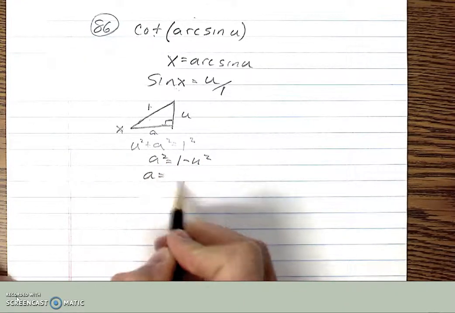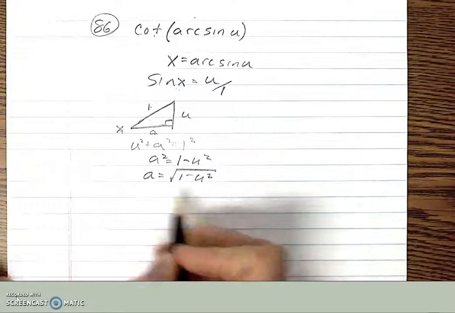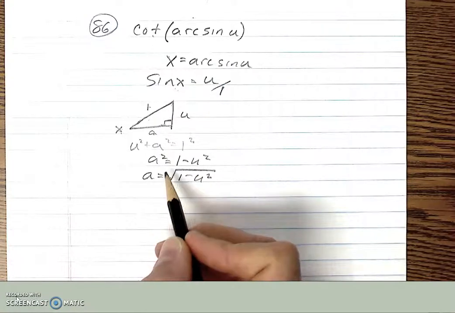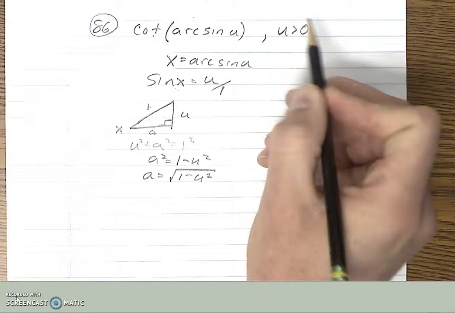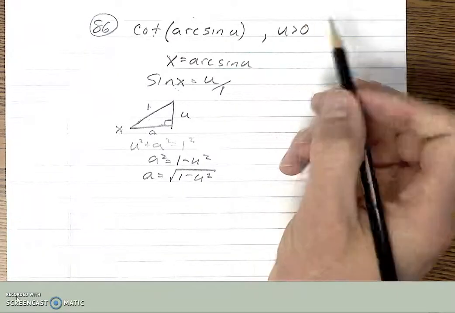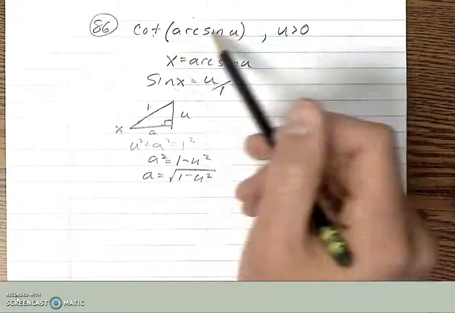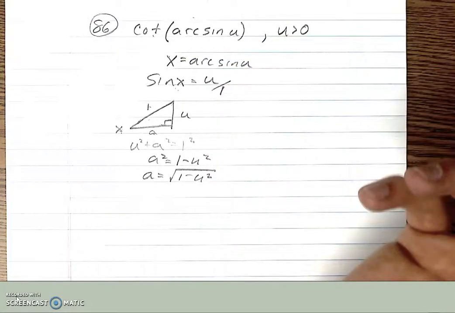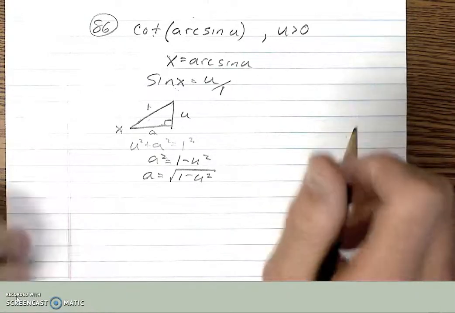A is going to be the square root of 1 minus u squared. And it's positive, not plus or minus, because our directions say that u is greater than 0. So if u is greater than 0, it's going to be in quadrant 1 if you're taking the arcsine of u. So they're all going to be quadrant 1 angles on these types of problems.